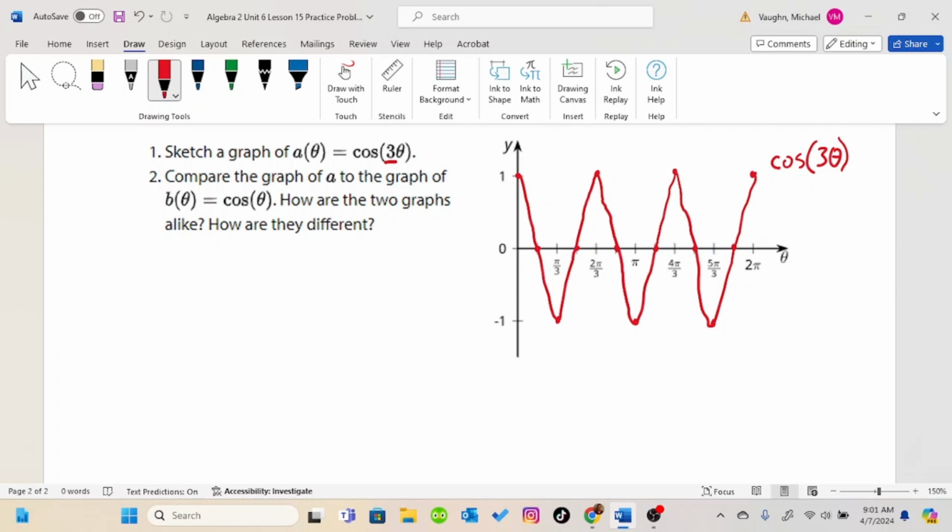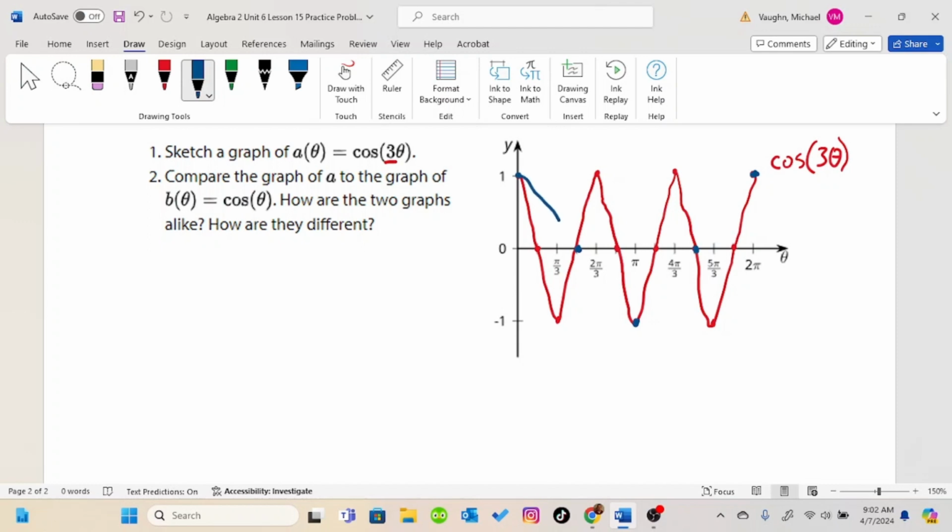Number 2 wants us to compare the graph of alpha to the graph of beta of theta, which is cosine of theta. So a normal cosine theta graph starts at 1, has a period of 2 pi, it will hit -1 at pi, so it will hit 0 halfway and 0 halfway on its way back up.